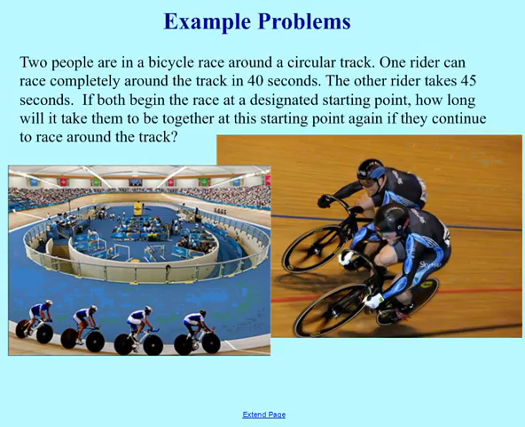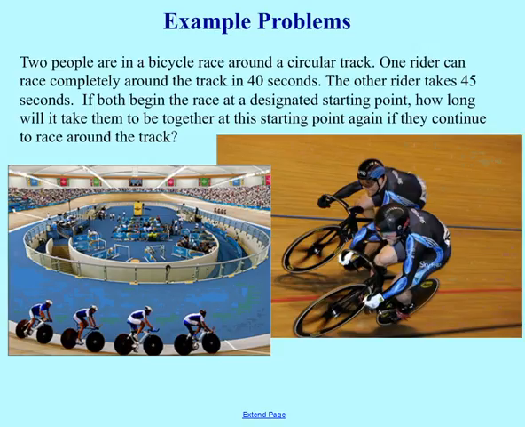Once again, we need to decide, in order to solve this problem, do we find the GCD or the LCM? In this problem, we know that these riders will be going around the track continuously until they meet at that same point again. So essentially, the faster rider will catch up to the slower rider.